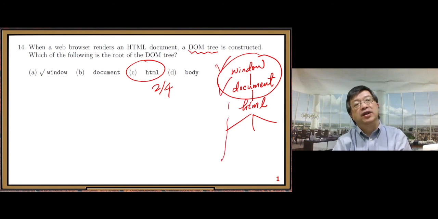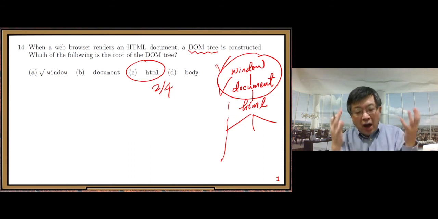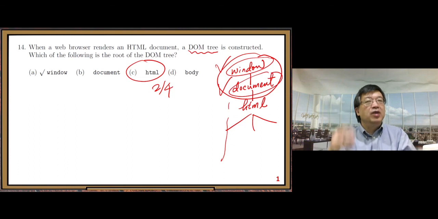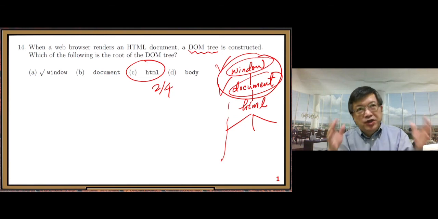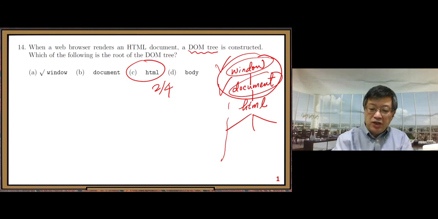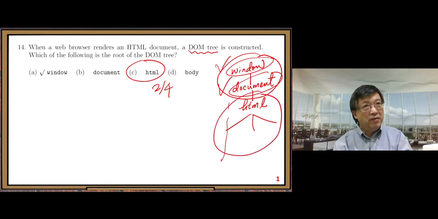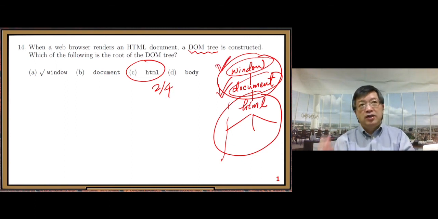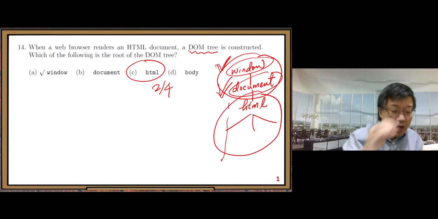If you understand the DOM tree including window and document, it will be much better, because a lot of things you need this structure to understand, not just HTML. Something you need to do at the document level, something at the window level. For that reason, I gave partial credit.